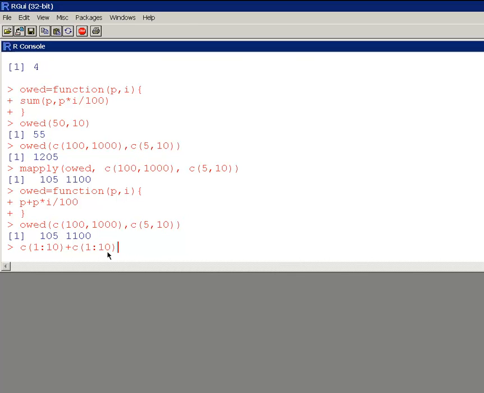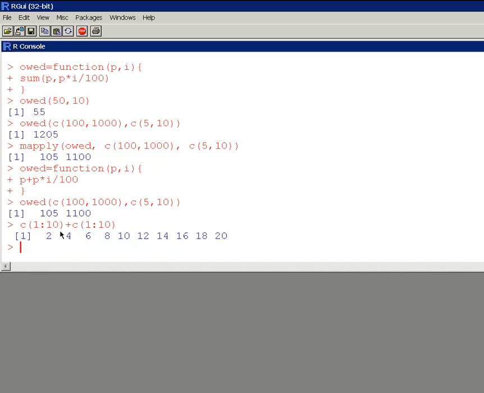This vector is 1, 2, 3, 4, 5, 6, 7, 8, 9, 10, and this vector is 1, 2, 3, 4, 5, 6, 7, 8, 9, 10. When I add them, I'm adding the first elements together, then the second elements together, and so on. So when I add 1 plus 1, I get 2. When I add 2 plus 2, I get 4, and so on. Okay, I hope this is clear. So the plus operator already vectorizes things. It treats this as a vector and this as a vector, and adds them.